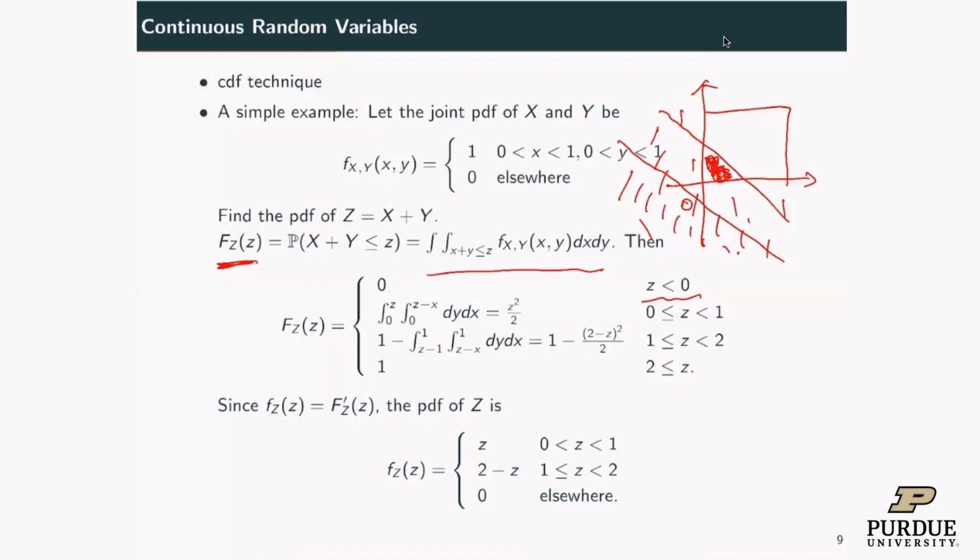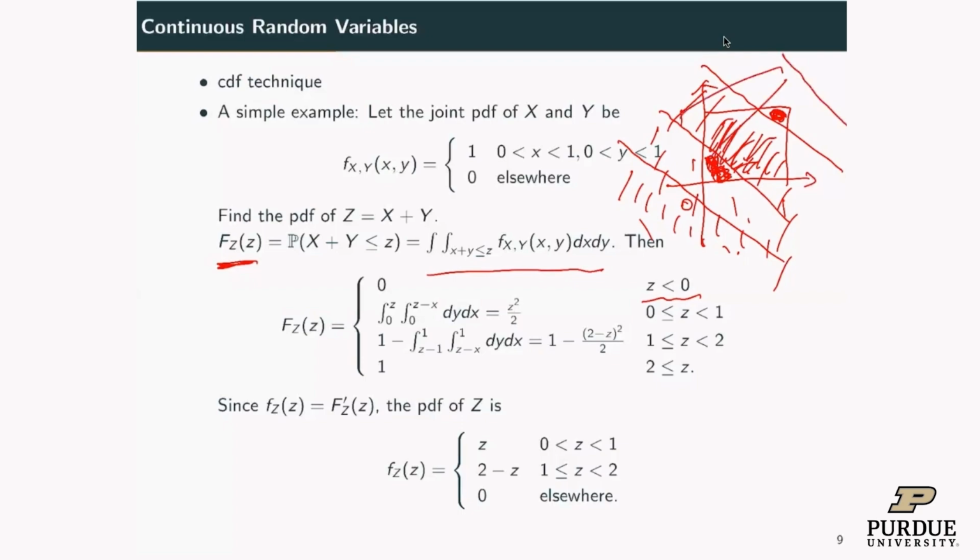There is a third situation here. So it's z between 1 and 2. So that's a region. Its overlap region is here. So what we did here is 1 minus the integration over this part. So you can get a CDF. Now the fourth situation is z greater than or equal to 2, you will be here.